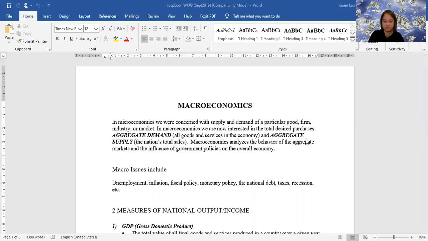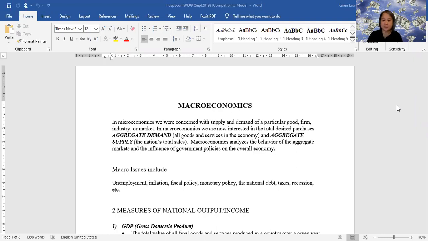Okay, so now with macroeconomics, we are dealing with the aggregate level, which is the total level of spending, or total level of demand, which is all the players in the economy and what they demand in the economy. So that is called aggregate demand.